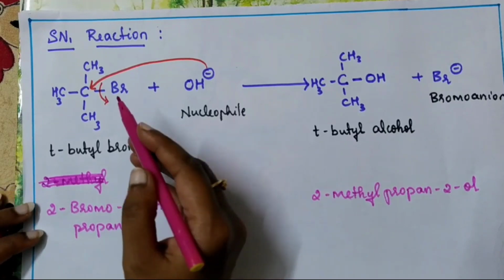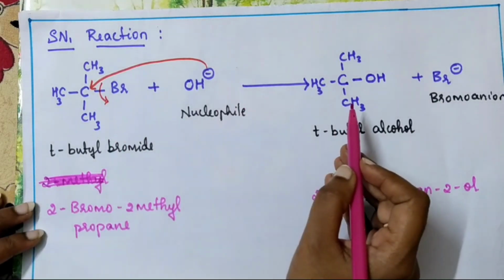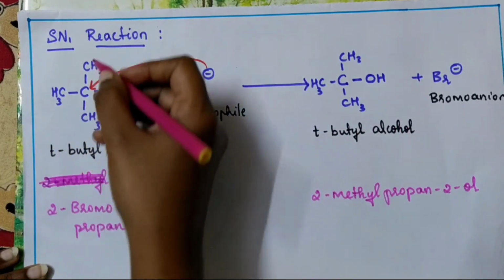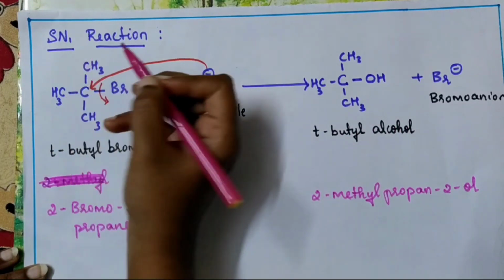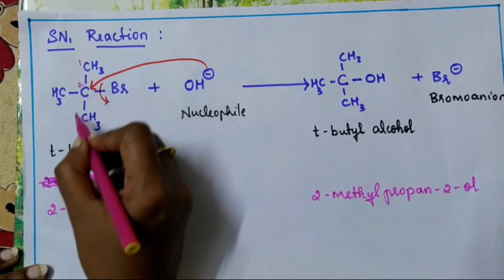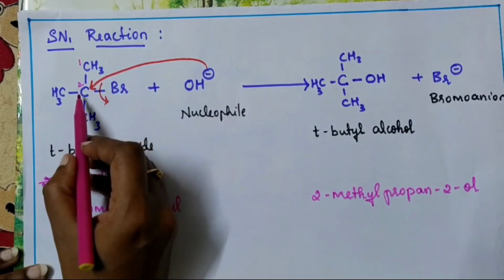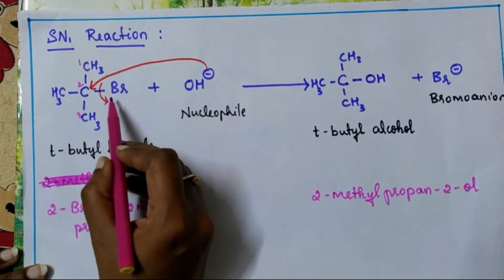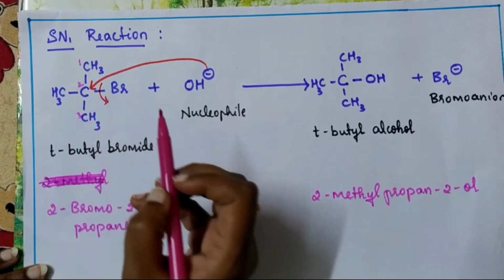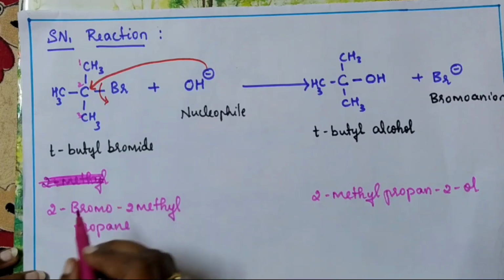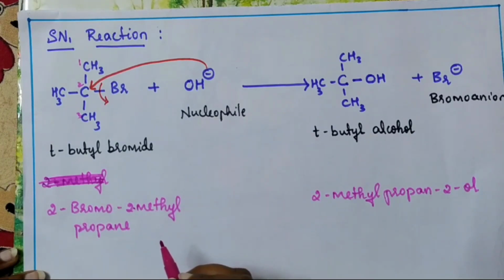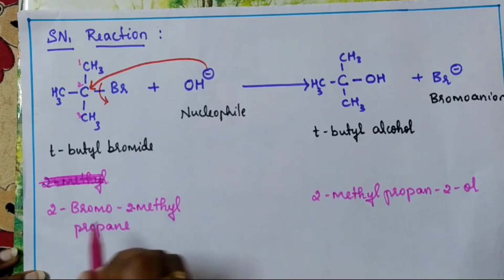See, let us write the IUPAC name of this reactant and the product we got in the SN1 reaction. First you need to find the parent chain, that is 1, 2, 3. In the second position, one methyl substituent is there, and in the same second position Br is also attached. So what you can write? 2-bromo-2-methylpropane. Why did I write bromo before methyl?